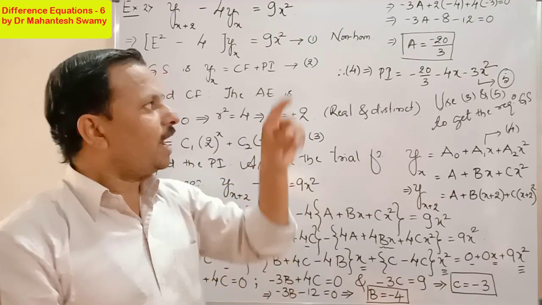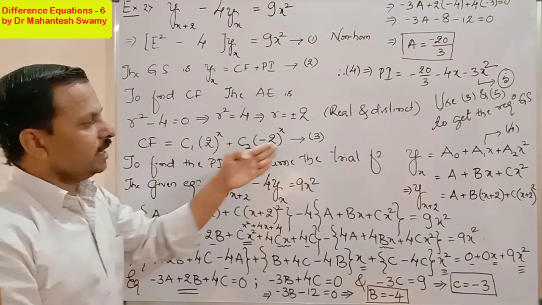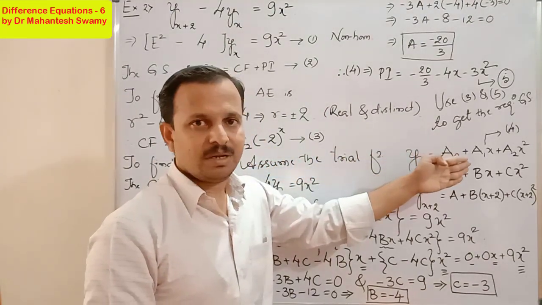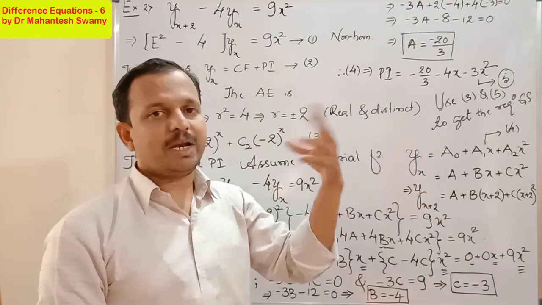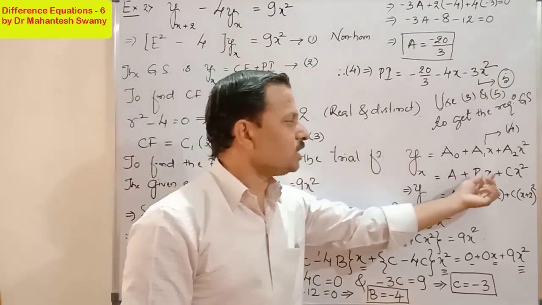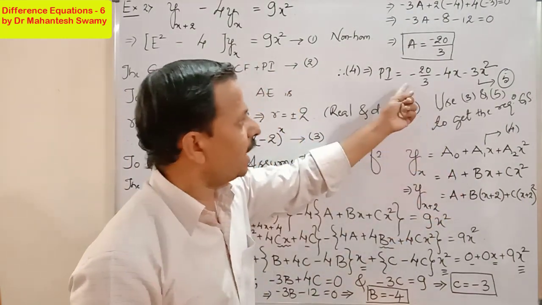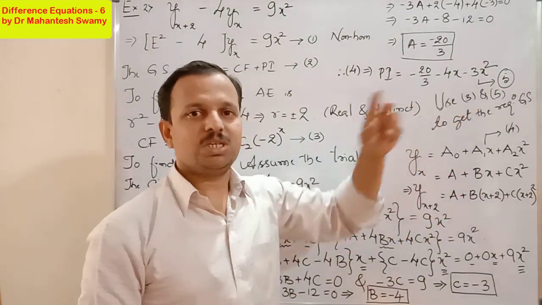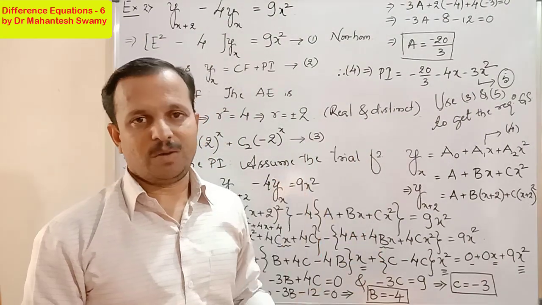Please look at that. And in the second example I have explained another alternative technique, that is assuming the trial function depending upon the power of the given polynomial function, then evaluating the constants involved and substituting back into the trial function and getting the particular integral. So this is how one can find the particular integral when the RHS function is a polynomial function.